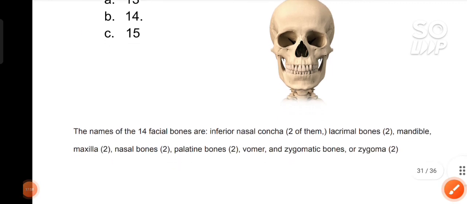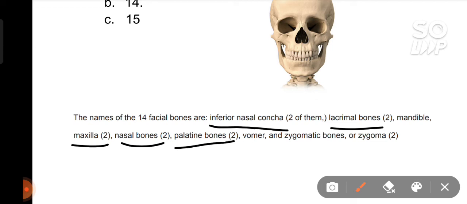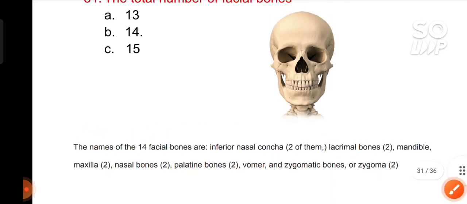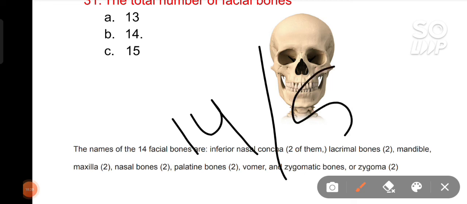The 14 bones are the two inferior nasal conchae, two lacrimal bones, two maxilla, the mandible, two nasal bones, two palatine bones, the vomer, and two zygomatic bones or zygoma. Totally 14 bones are present in the face, and the cranial bones are 8.